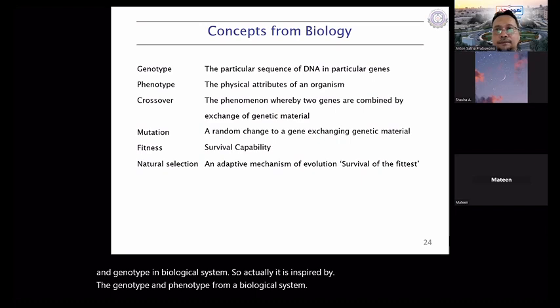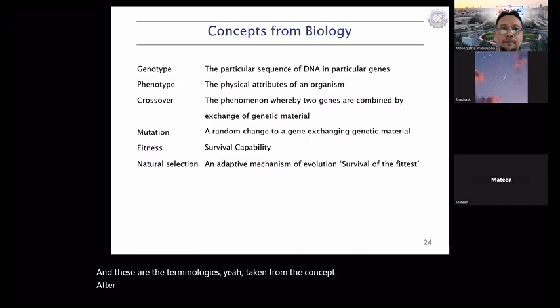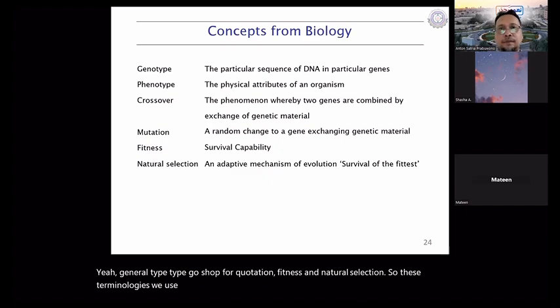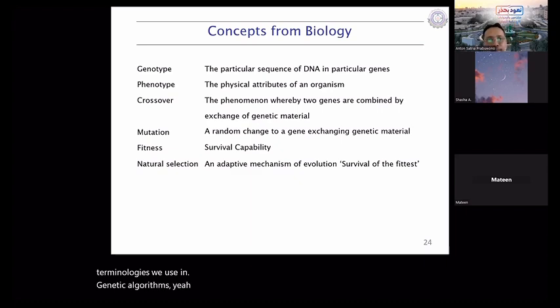These are the terminologies taken from the concept of biology, like genotype, crossover, mutation, fitness, and natural selection. These terminologies we use in genetic algorithms.